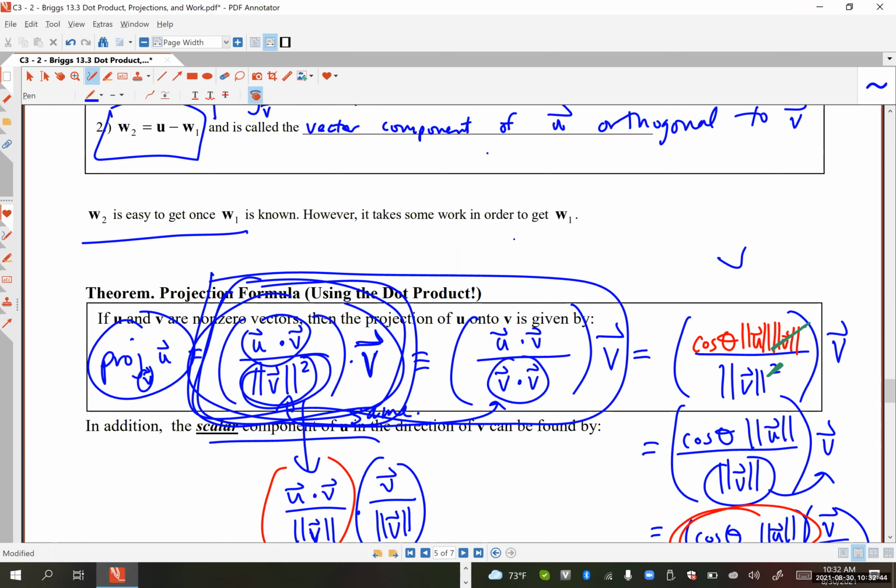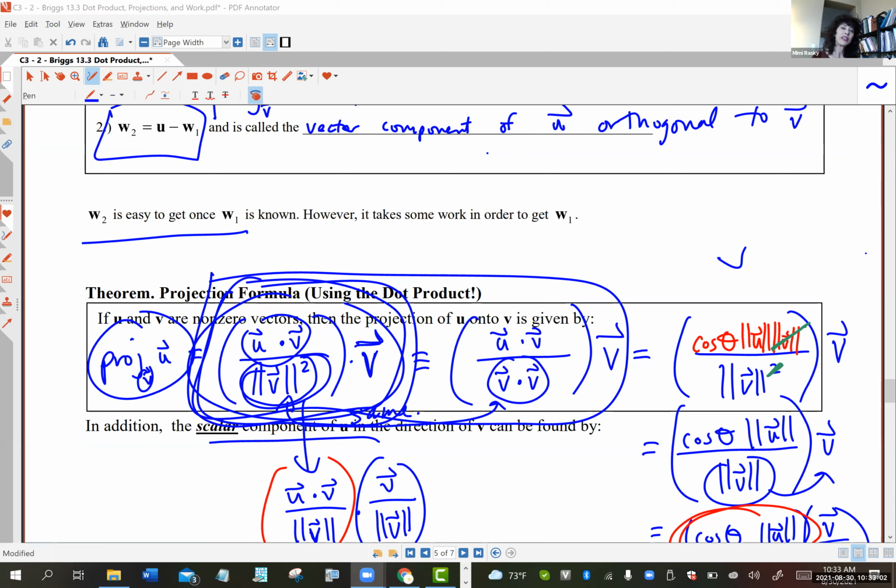V. V, correct. That's kind of interesting because you think that the vector u, he's the guy you're projecting, you think he would show up more often, but he doesn't. He shows up the least in the formula.